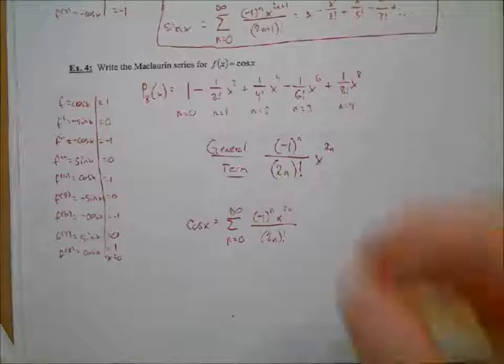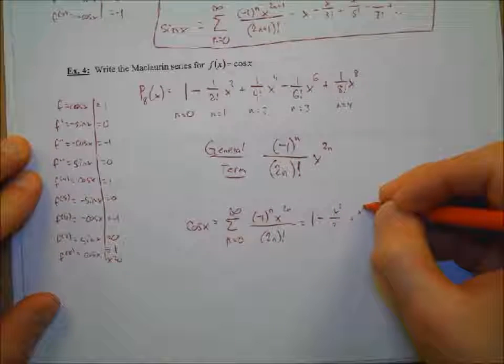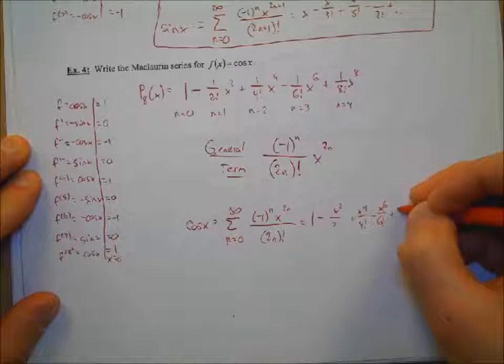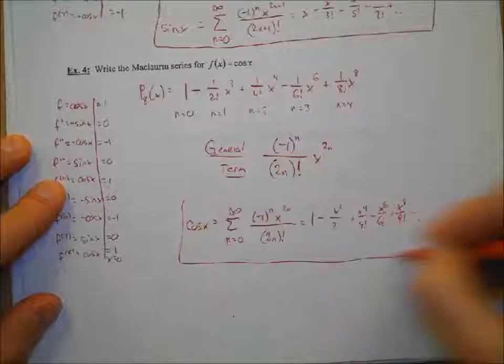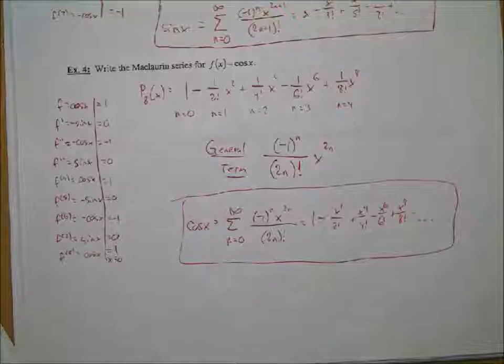Okay, which again is equal to 1 minus x squared over 2 factorial plus x to the 4th over 4 factorial minus x to the 6th over 6 factorial plus x to the 8th over 8 factorial minus dot, dot, dot. You get the idea, right? There is the Maclaurin series for cosine of x.